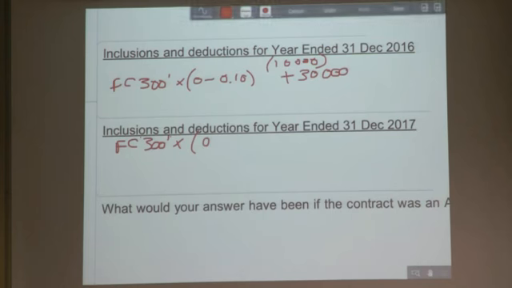So I need to have the difference between that 10 cents and the 24 cents, and that will give me 42,000. Everybody okay? Okay.